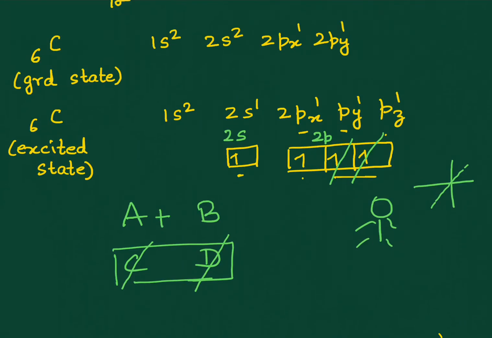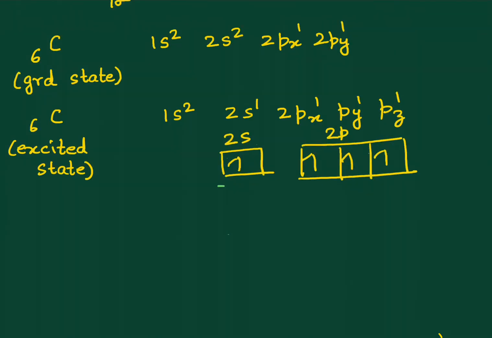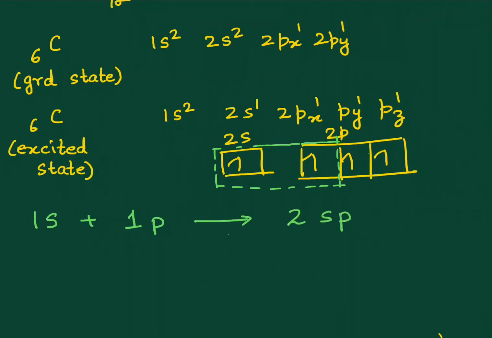So let's go ahead and show the hybridization. Only the s and one p orbital is participating in bond formation. Remember, py and pz have their exams and they say no, we don't want to be bothered by the guests, right? So there we have a situation where 1s and 1p are taking part in hybridization, giving us how many hybrid orbitals? Very correct, 2 sp hybrid orbitals.